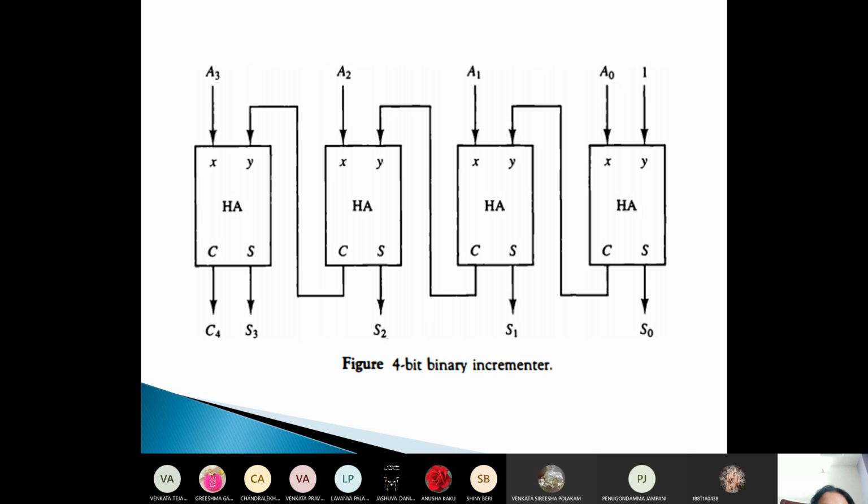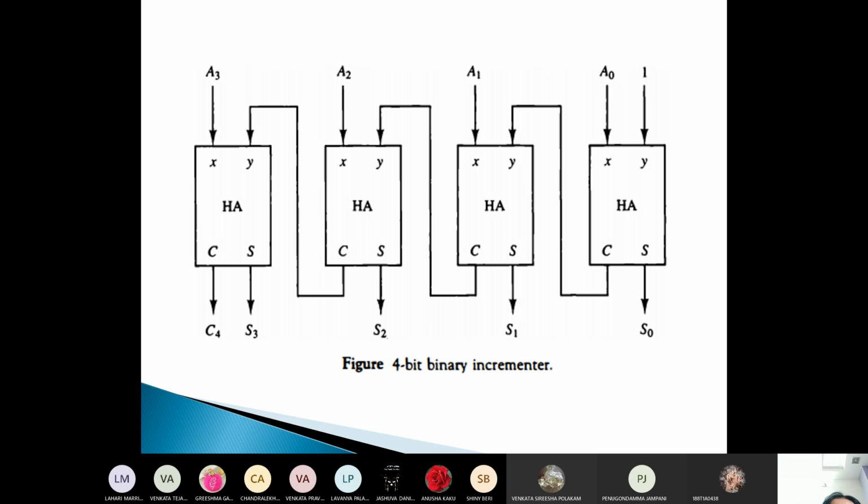One of the inputs to the least significant half adder, HA, is connected to the logic 1, and the other input is connected to the LSB of the number to be incremented. The output carry of each HA is connected to one of the inputs of the next higher order HA.